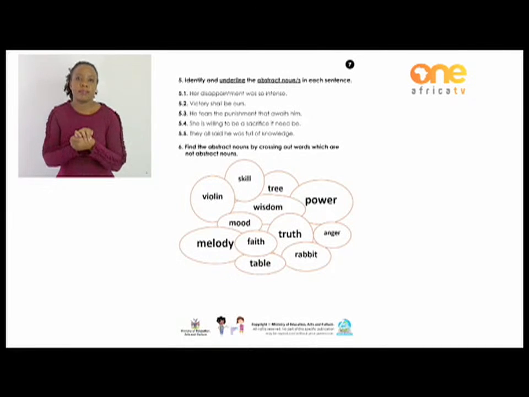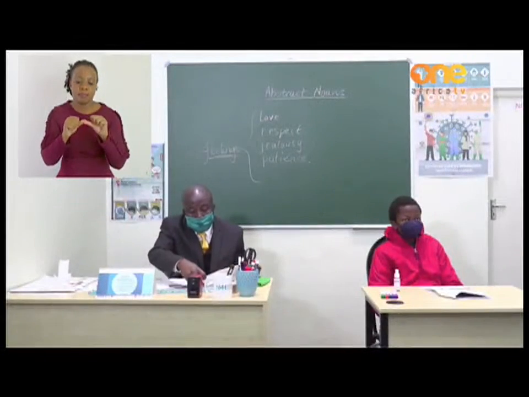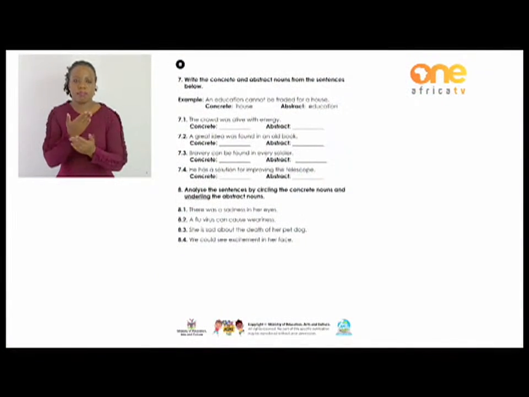Okay, boys and girls, let's move on to the next page, which is page 8. It says, write the concrete and abstract nouns from the sentences below. So what it means is those sentences have both concrete and abstract. Under concrete, you write the concrete noun, and under abstract, you write the abstract noun. An example has been given.